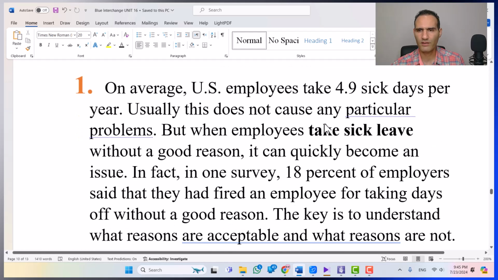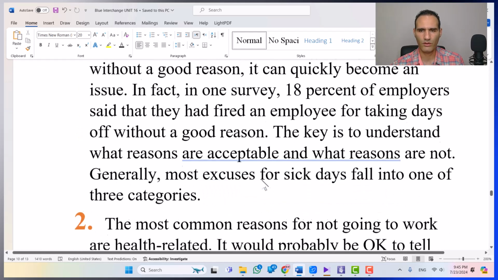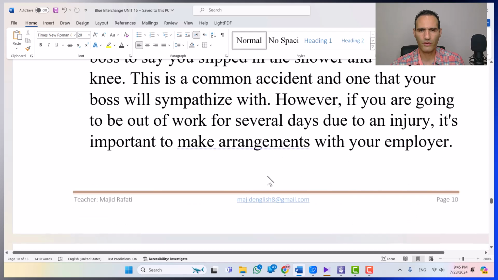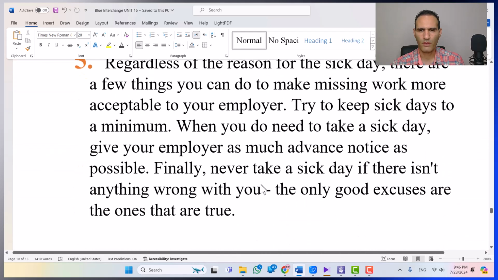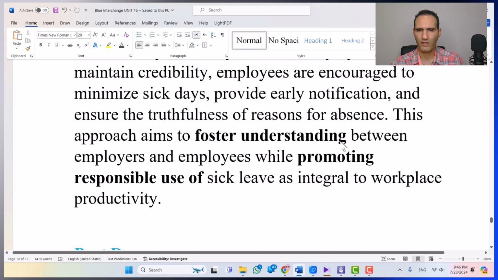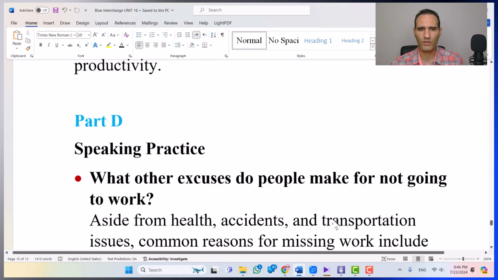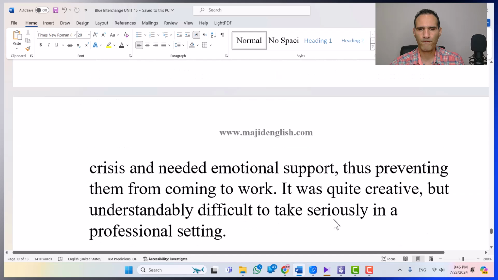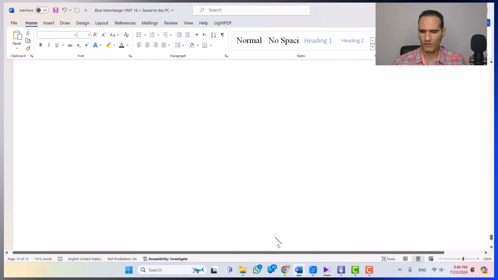And in the reading, take sick leave. We talked about it. And anything else? Also in the summary part, we have foster understanding or promote understanding, promote responsible use of something. That was beautiful. And that is the end of the story.